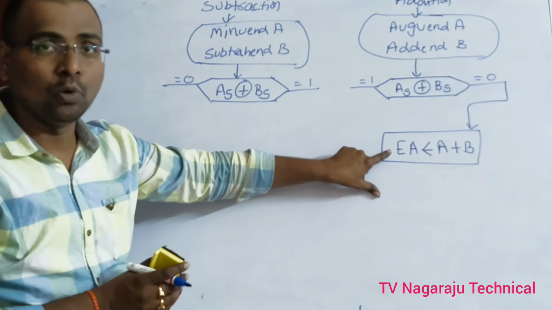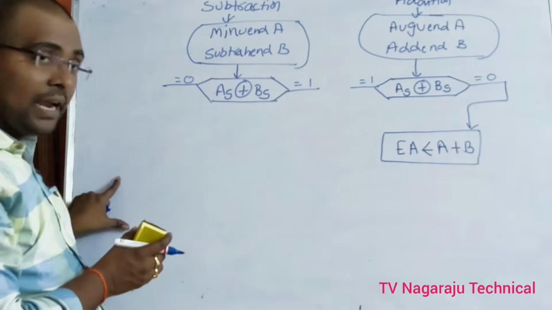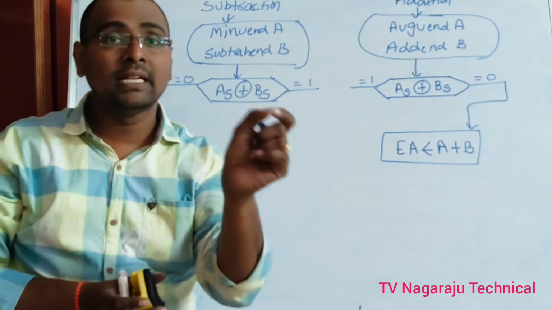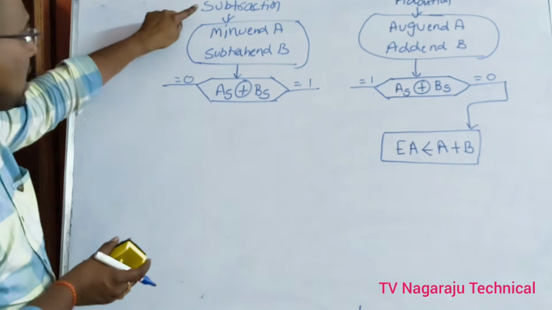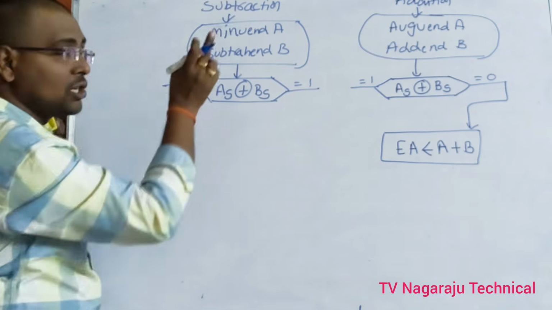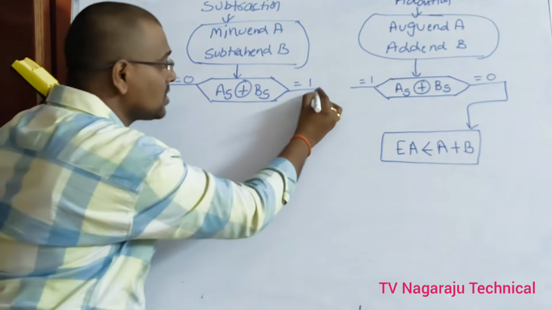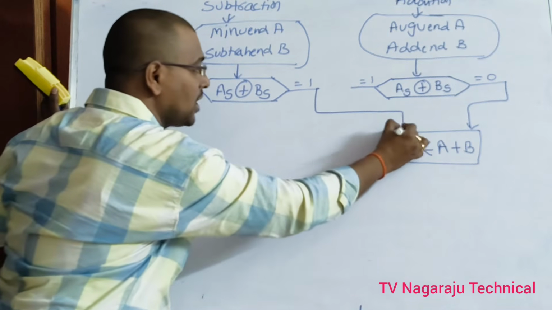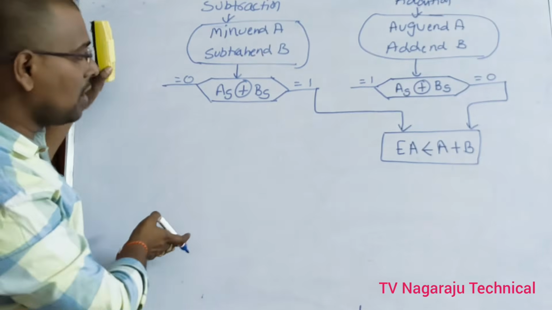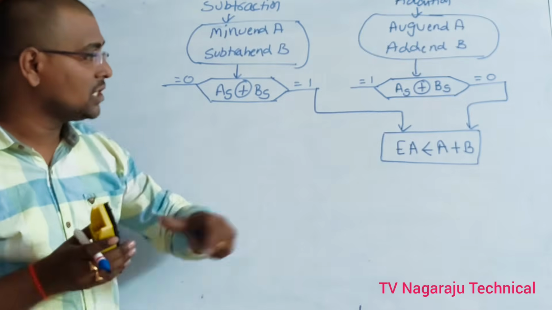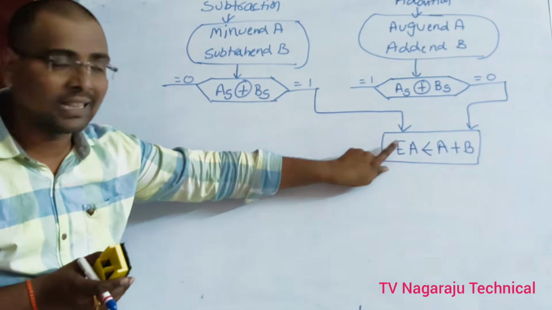Add the magnitude. So among the 8 cases, the first and fourth cases, that is plus A plus plus B and minus A plus minus B, come here. If my operation is subtraction and the signs are different, in that case also we are doing the addition operation. So among these, 4 cases are completed. That is, among the 8 operations, in 4 cases we are doing add the magnitude.